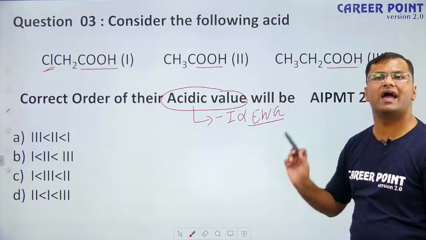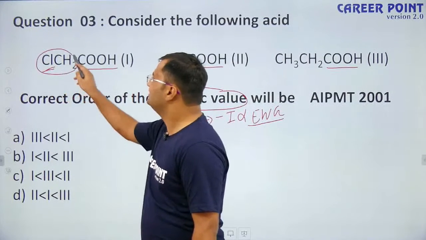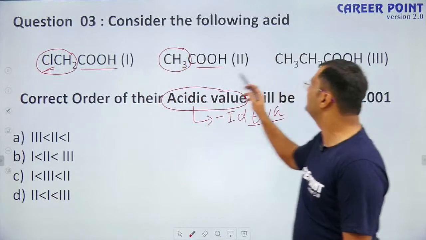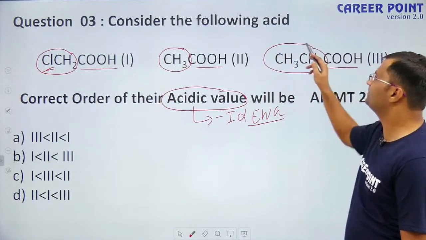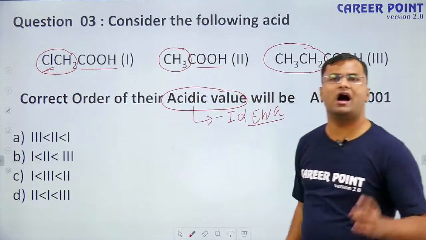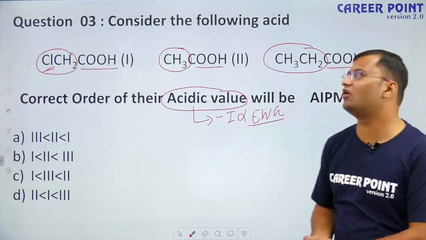These are acidic groups. Now we have to find out along with this, this is ClCH2, this is CH3 and this is CH3CH2. We have to find the capacity of these groups. According to this capacity, we can find the acidic order.